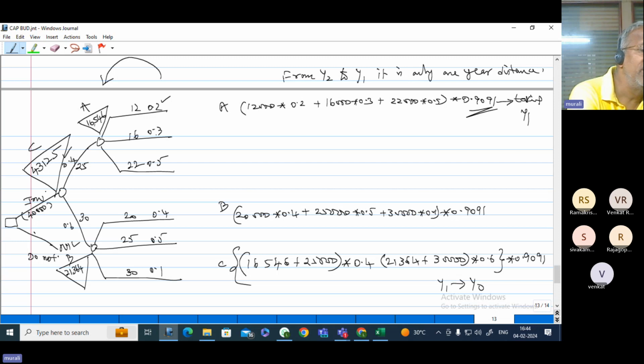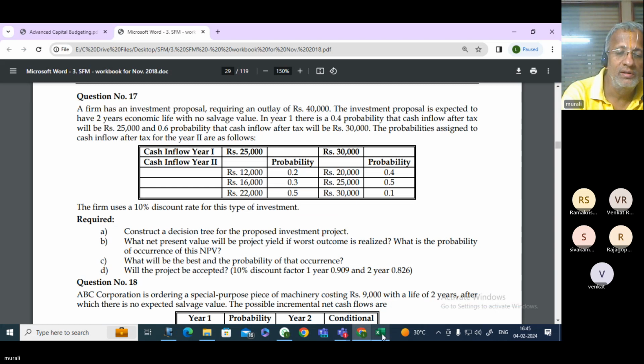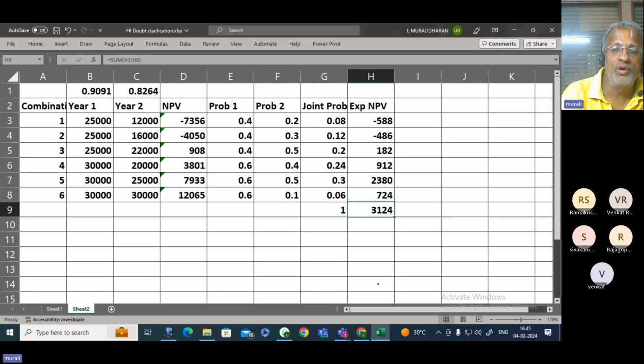If you invest, it is 43,125. So D is equal to 43,125 minus 40,000, which is equal to 3,125. That's the answer that you would be getting. No big deal.